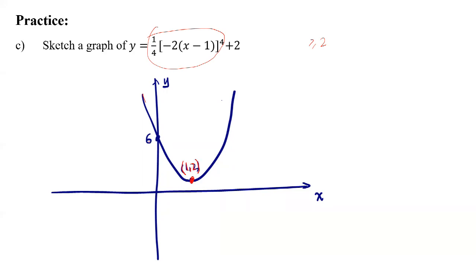And then it's better to also mark the y-intercept, which is the value of y when x is 0, right? So when x is 0, y equals 1/4 times... sorry, I made a mistake here.